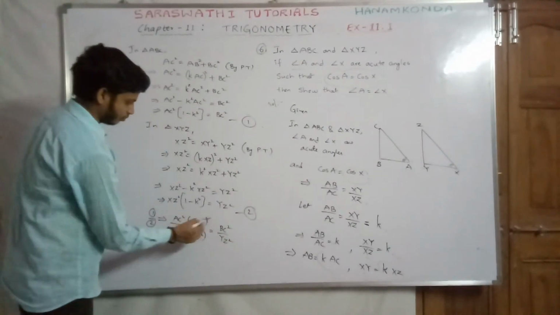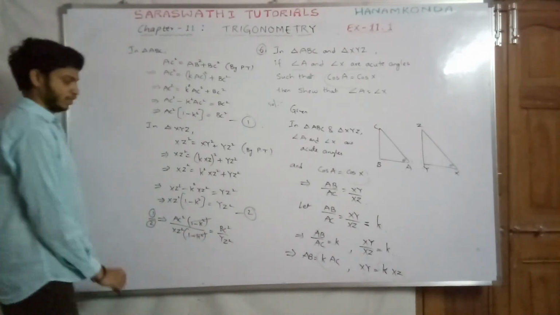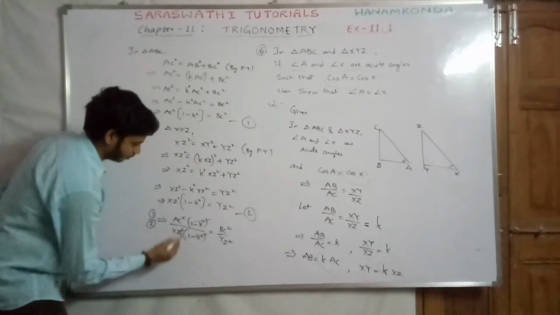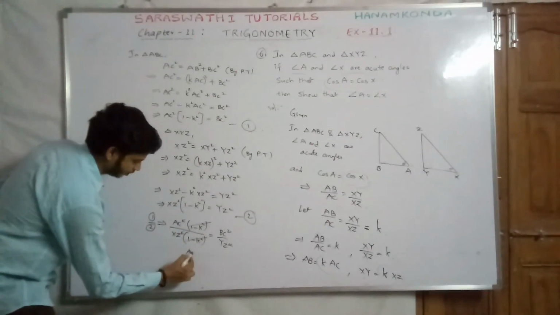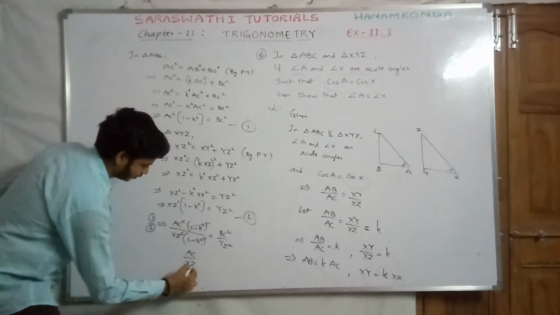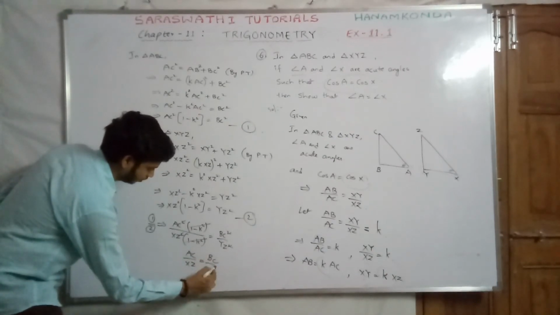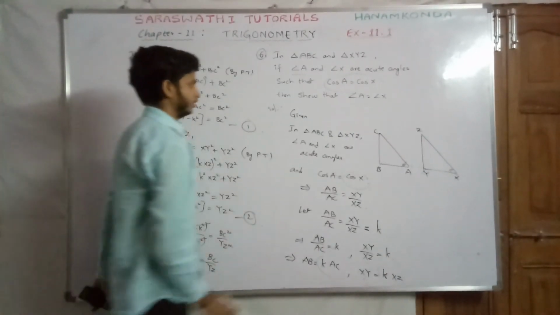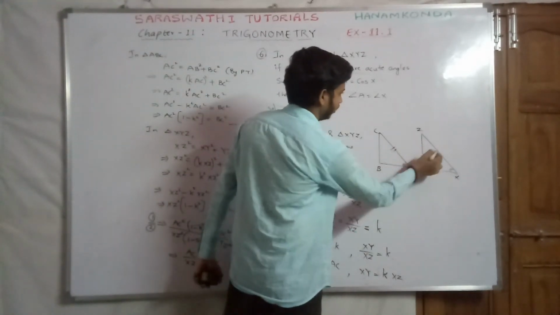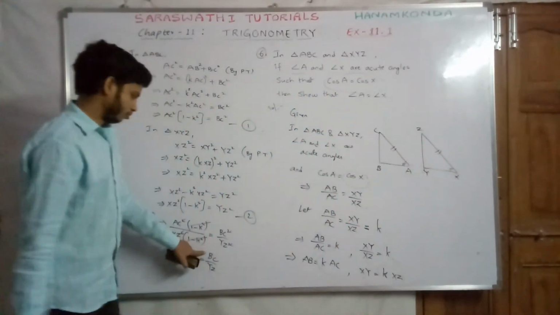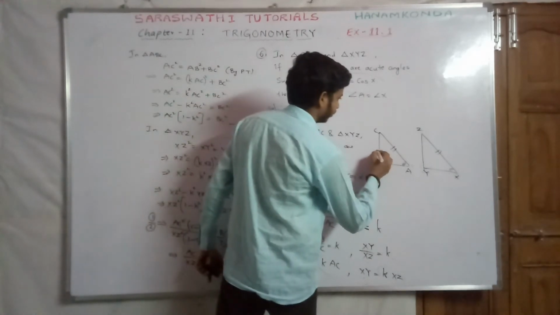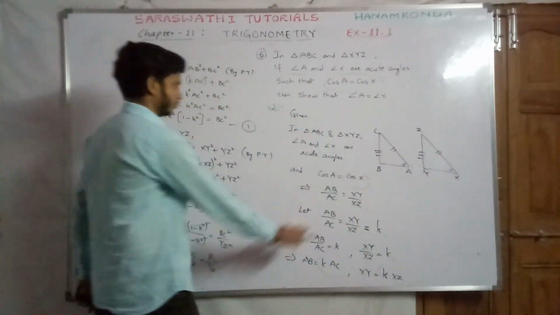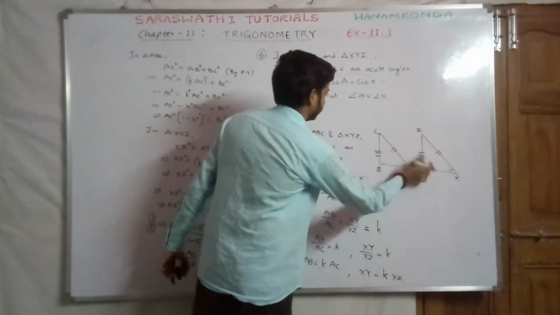The 1 minus k square gets cancelled, and the square terms also get cancelled. So AC by XZ equals BC by YZ. We have obtained this.